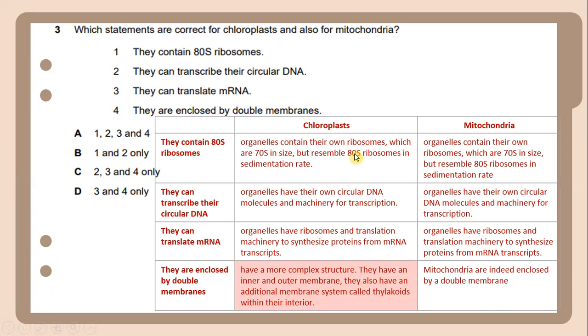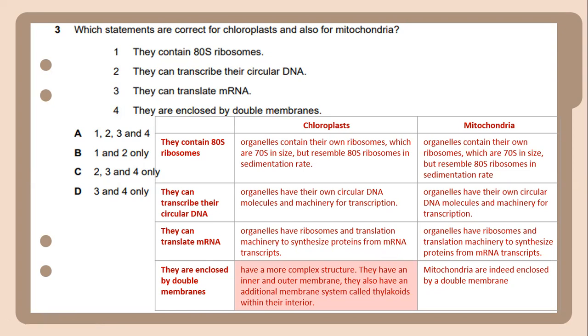Number 2, they can transcribe their circular DNA, which also happens in both organelles. Chloroplasts and mitochondria have their own circular DNA molecules and machinery for transcription. Number 3, they can translate mRNA. This is true for both chloroplasts and mitochondria.